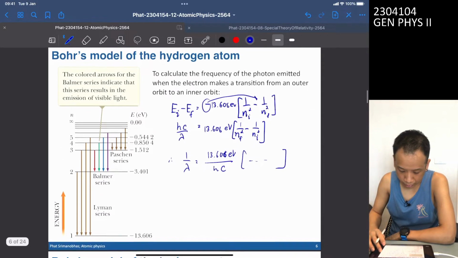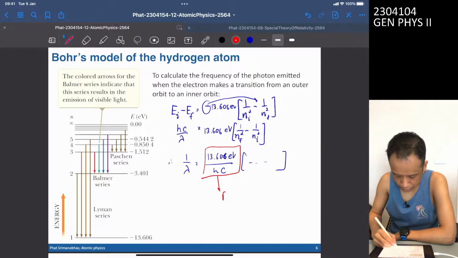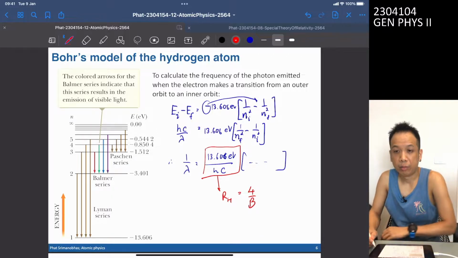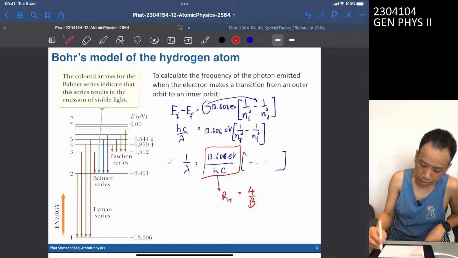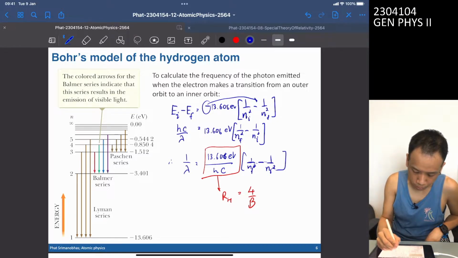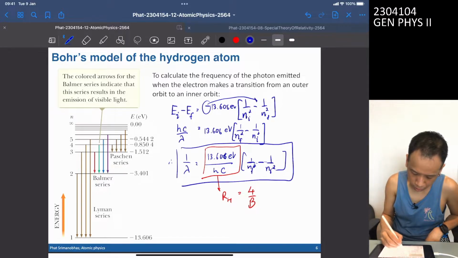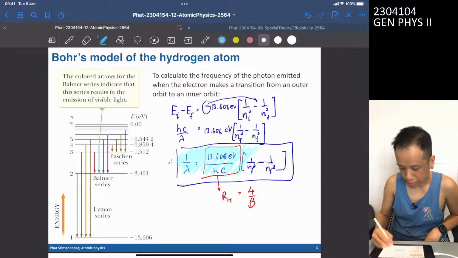There's no surprise that this one is the Rydberg constant, or 4 over the Balmer constant. So now you can prove that the Bohr model works for the spectrum that Balmer saw and formulated.